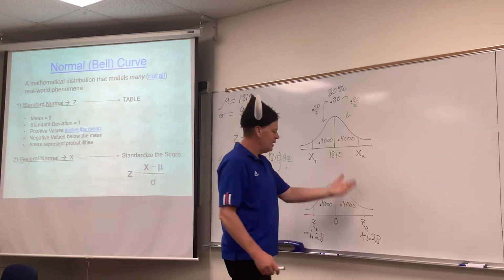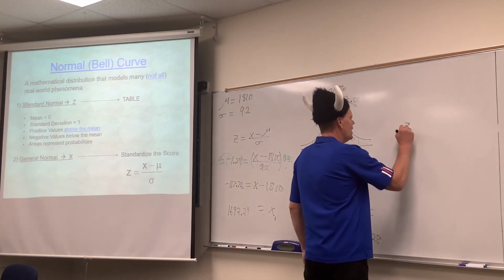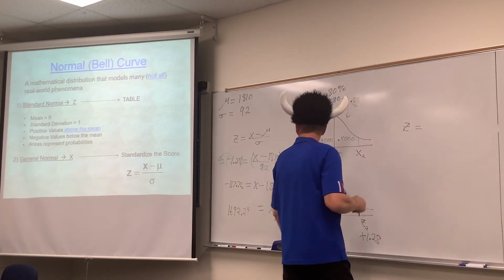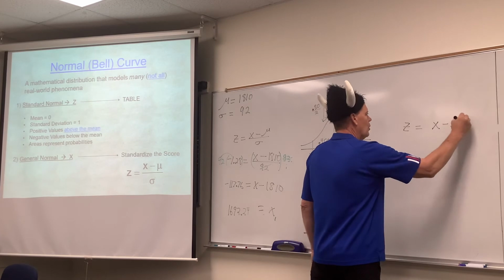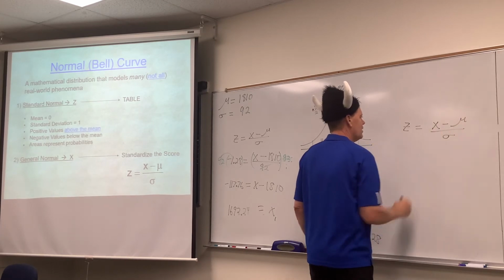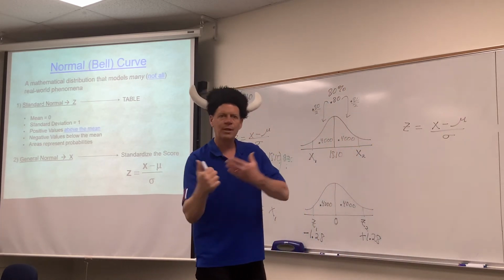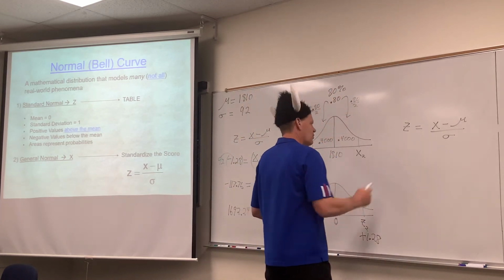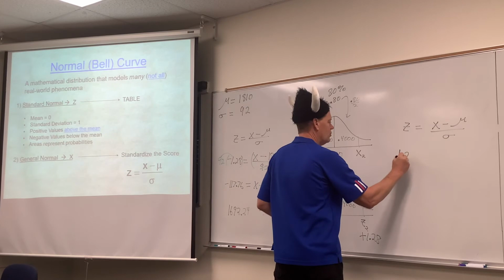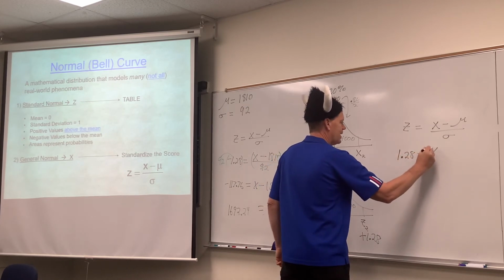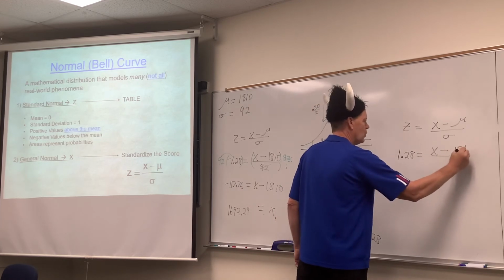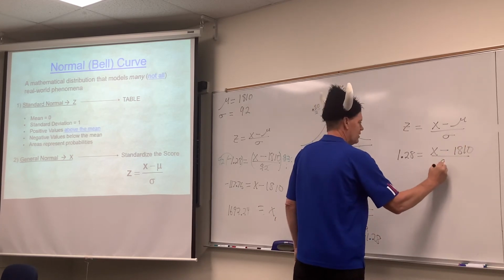And then on the upper end, same thing. We translate this z-score into a square footage. And I'll just remind you, this is always our translator. z equals x minus mu over sigma. It allows us to converse back and forth between the two. And so that z-score is positive 1.28 equals x minus the mean of 1,810 square feet and the standard deviation of 92.